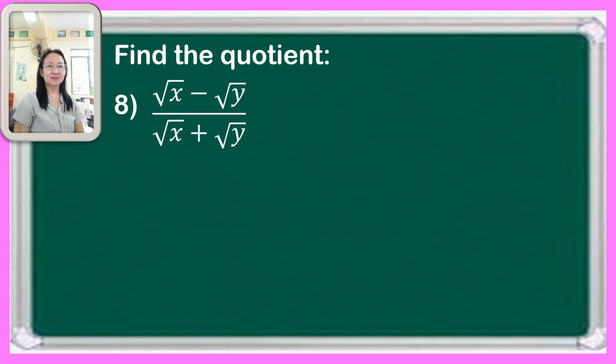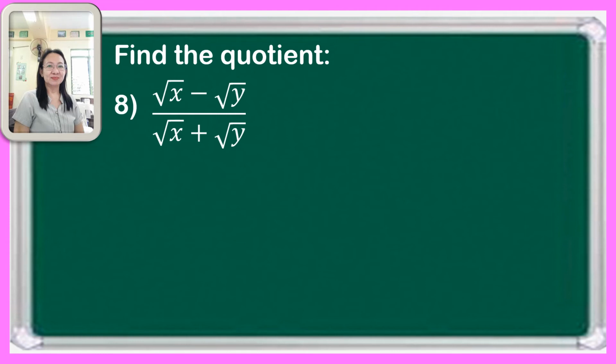So, if a binomial is observed in the denominator, try to look for its conjugate. That is the opposite sign in between them. So, since we have the square root of x plus the square root of y in the denominator, its conjugate is the square root of x minus the square root of y.